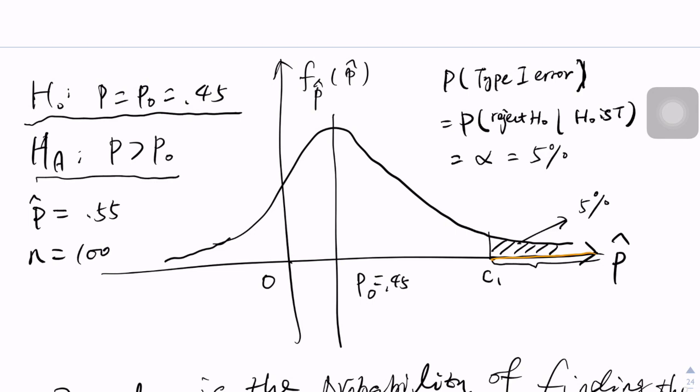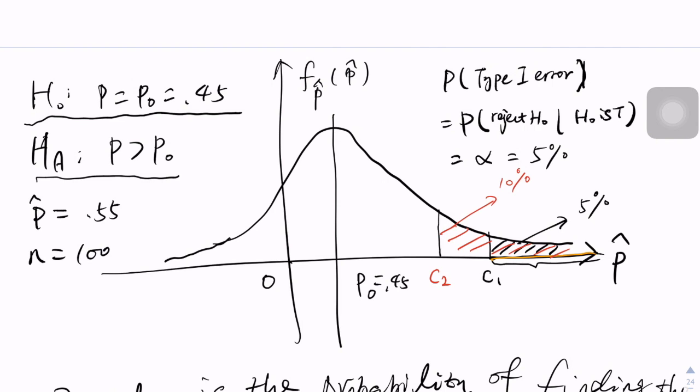So what if your boss wants you to make your decisions based on different significance levels? Say your boss wants to change your probability of making type 1 error from 5% to 10%, which means the corresponding area, I'm going to use red, would be here. So this is say 10%. You're going to have another critical value, C2, which means your final decision based on this critical value will be changed, right?